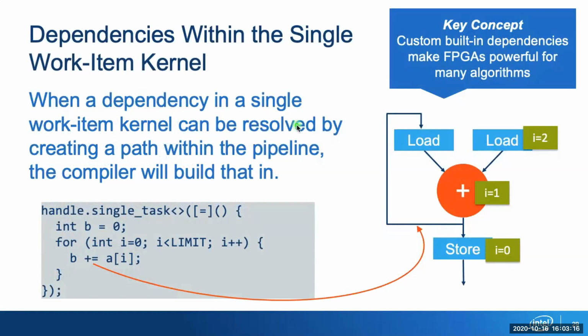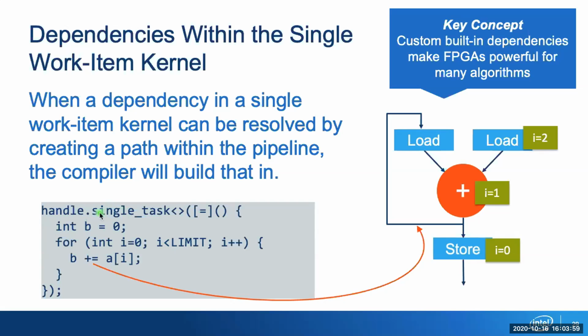So the key concept is that built-in dependency makes FPGA powerful for many algorithms. For instance, here we have an accumulator, and the compiler is able to identify and create a specific data path to do that. And we have one loop iteration for each kernel clock in this example.